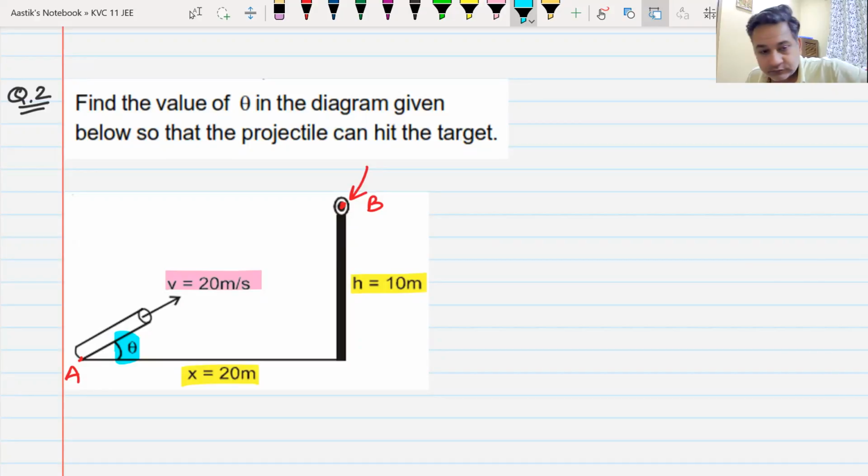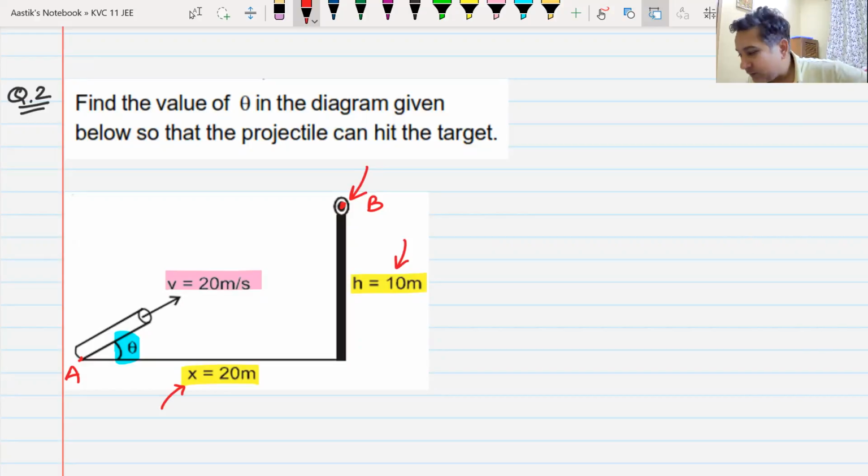Now remember, anyone got an answer? Remember, whenever you are given the value of x and you are given the value of y, apart from x and y, something else would also be given to you.